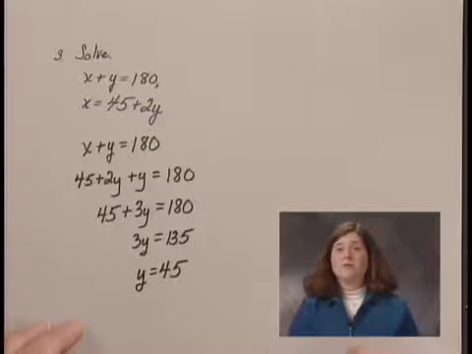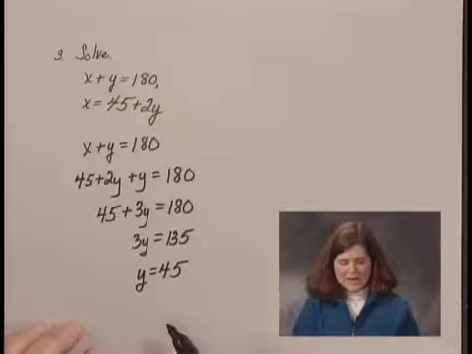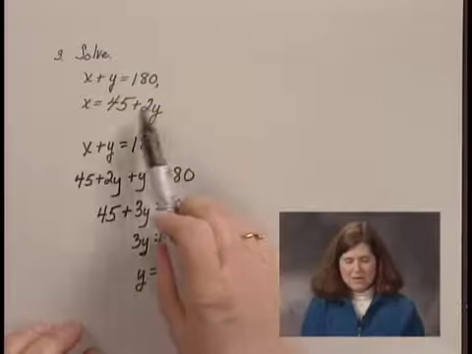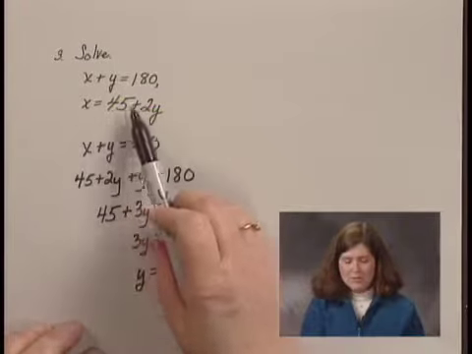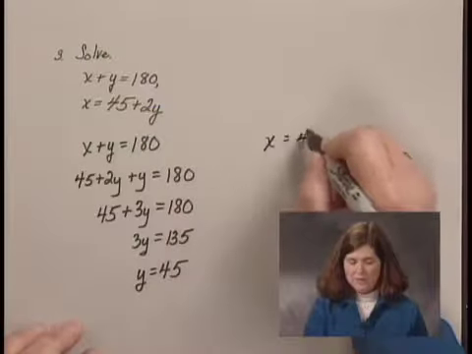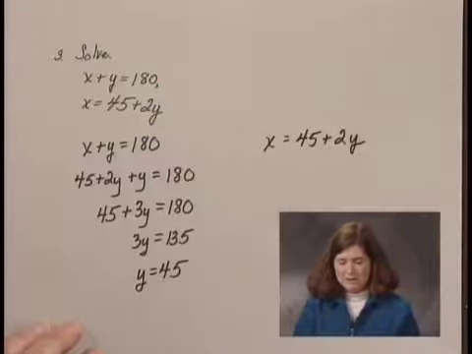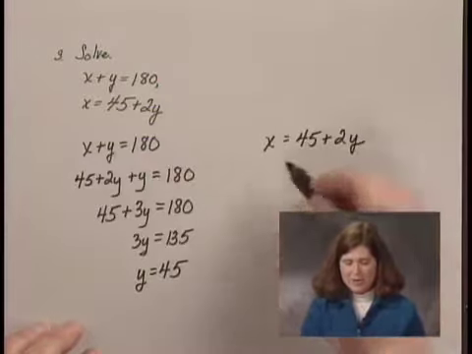This gives me the measure of one of the angles. I need to find the measure of the other one, and that would be x. I see from my second equation that x is 45 plus 2y. So x equals 45 plus twice the measure of the smaller angle, or 2y.